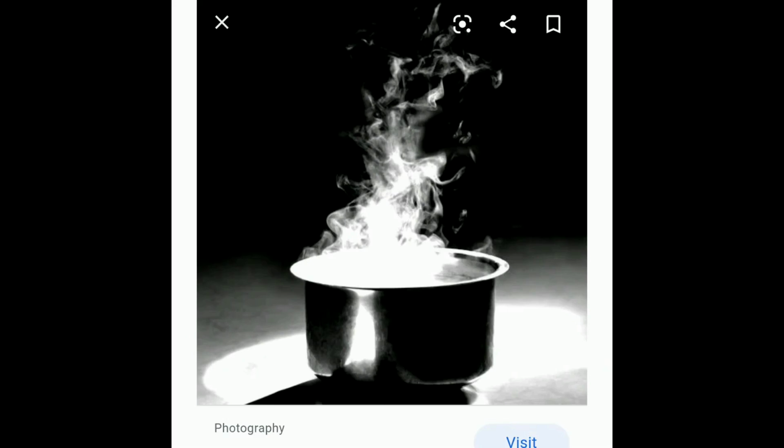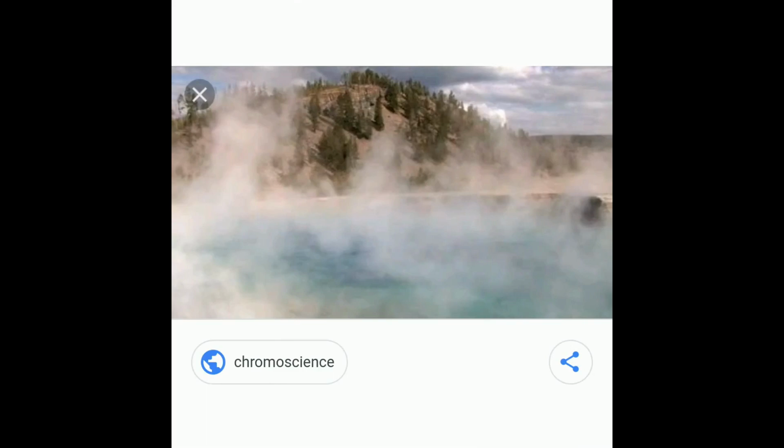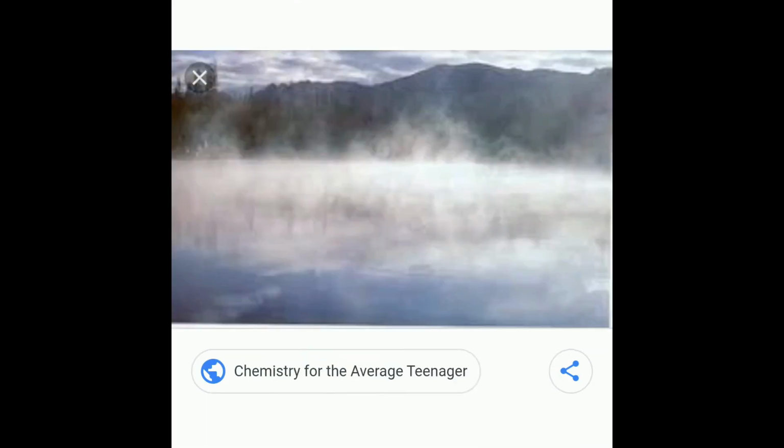There are two processes taking place. That is, water absorbs heat and becomes water vapor. So, a liquid absorbs heat and becomes a gaseous state. This process is called evaporation.